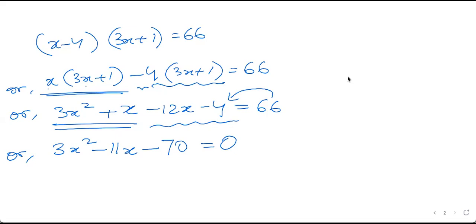So in the fill in the blanks, the question in the textbook, which has a fill in the blanks, reads like this. It says 3x square plus dash minus dash equals to 0. This is what is given.